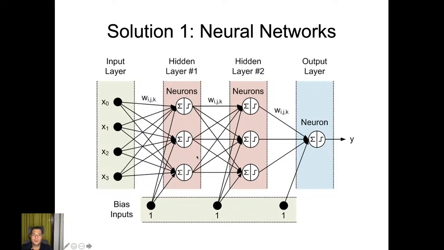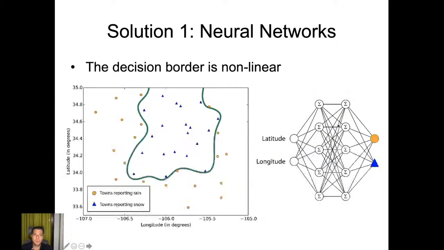By using this type of neural architecture, we can actually obtain non-linear decision boundaries. So a neural network that has at least one hidden layer can model any data points that are non-linearly separable. So for example, a neural network can learn this separating boundary very easily.